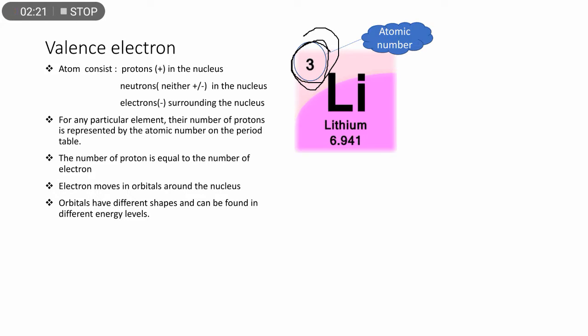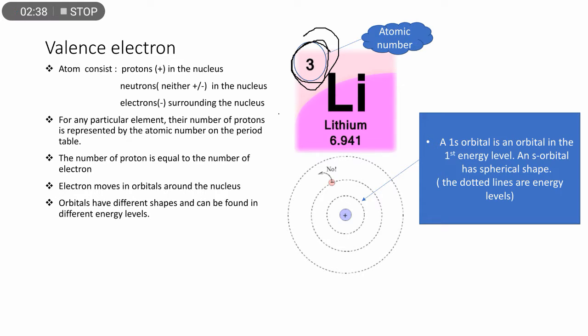Electrons move in orbitals around the nucleus. Orbitals have different shapes and can be found in different energy levels.